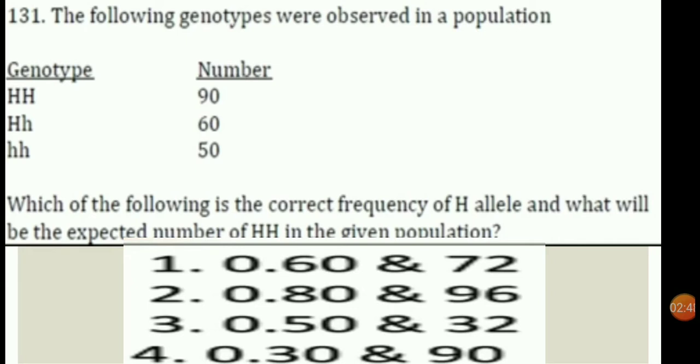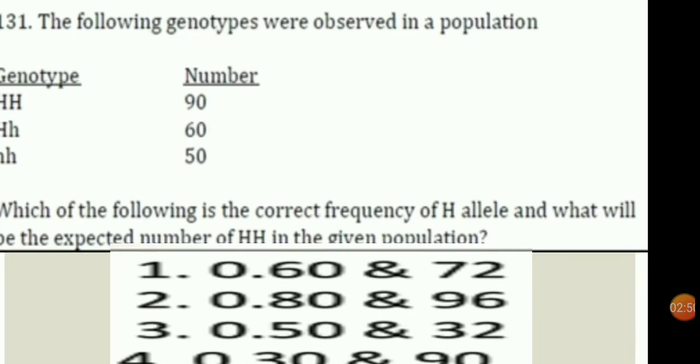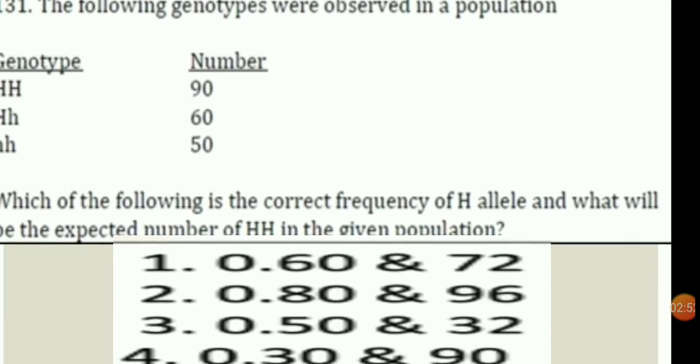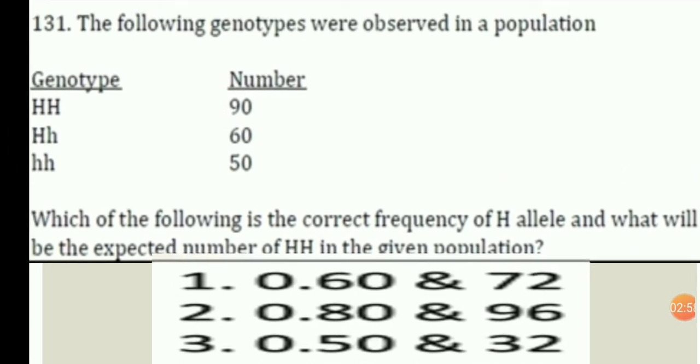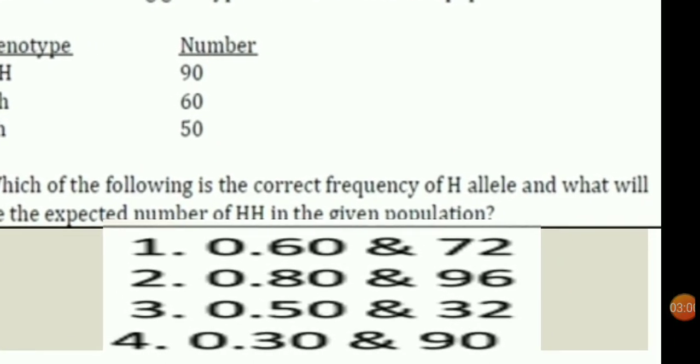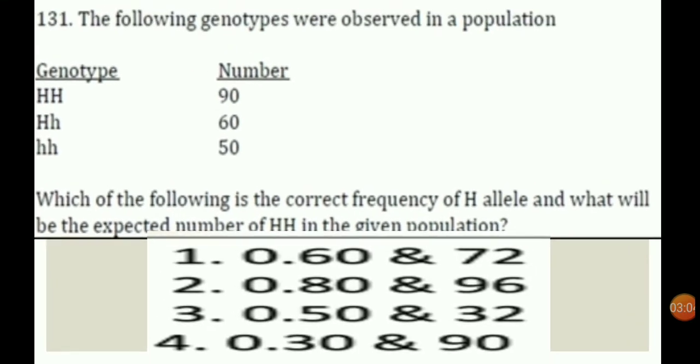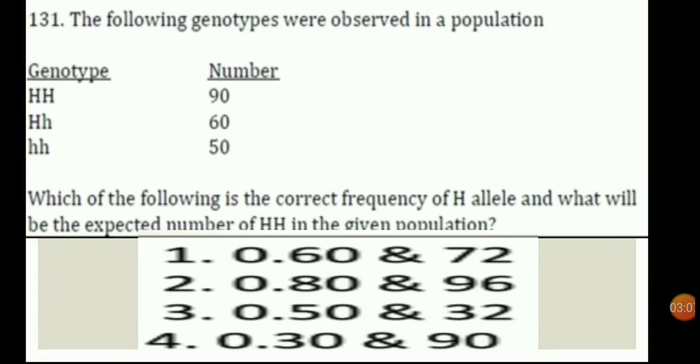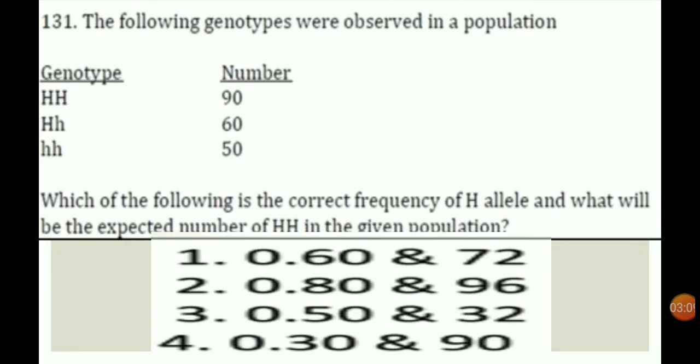Which one of the following is the correct frequency of the dominant H allele, and what will be the expected number of HH in the given population? These are the conditions, and these are the options. We want to calculate the expected number of HH in the given population.